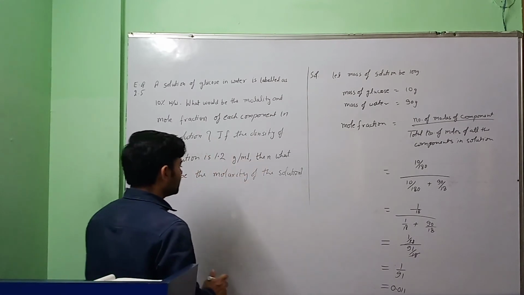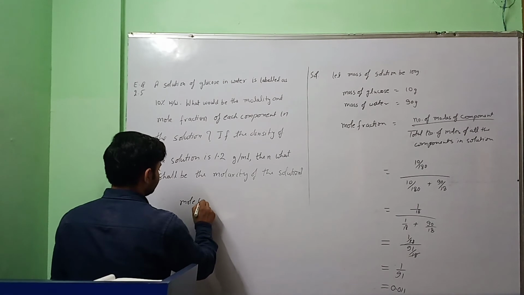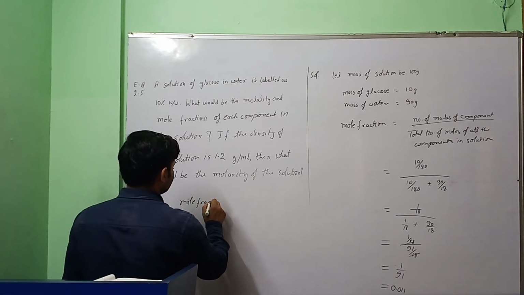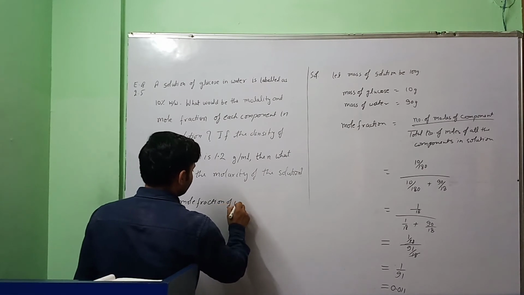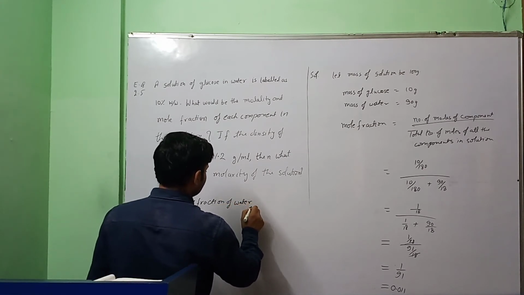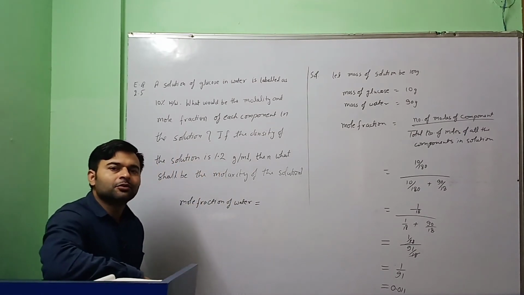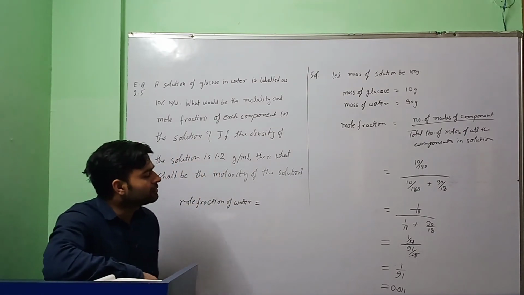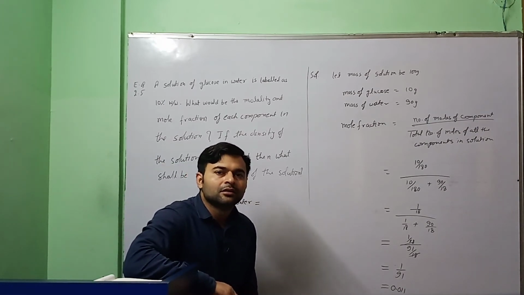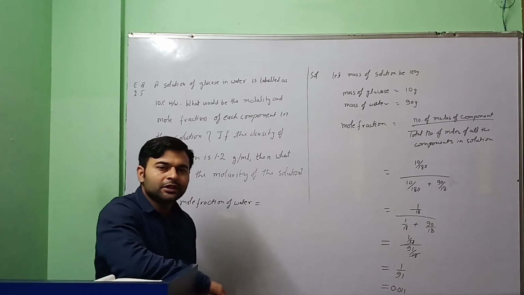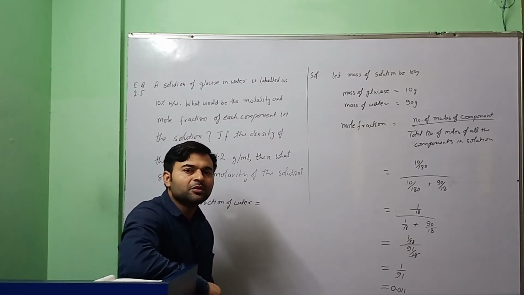Now the mole fraction of water. So this is a binary solution, and for binary solution, if we know the mole fraction of one component, we can find the mole fraction of another component by subtracting the mole fraction of first component from 1.